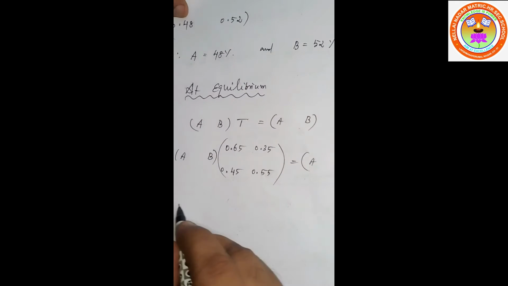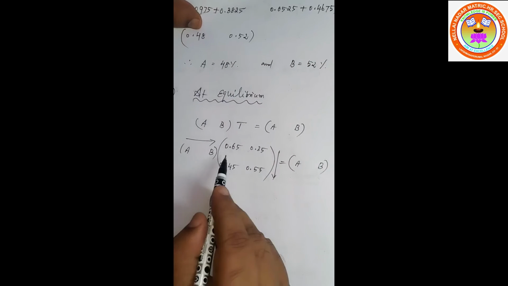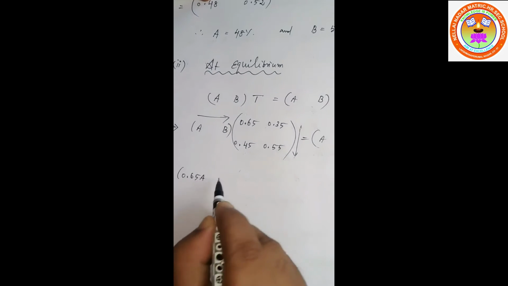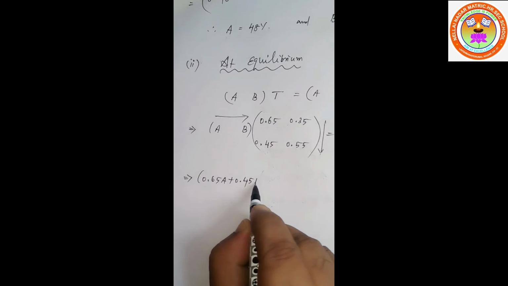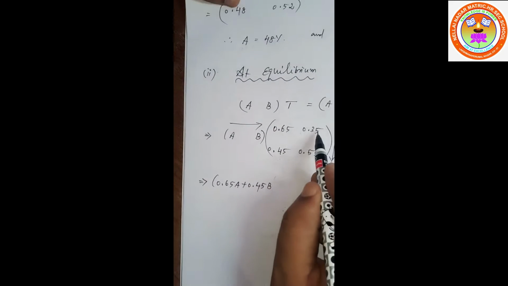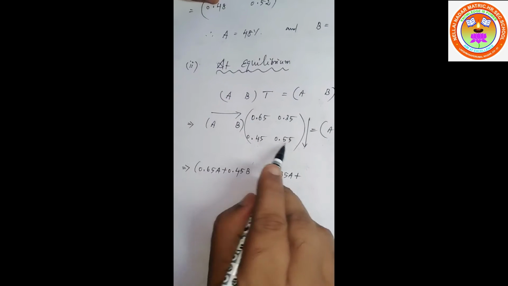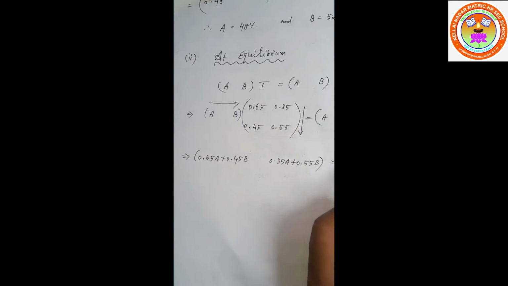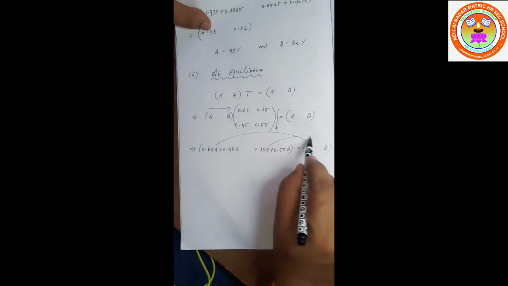That is equal to A and B. Write the RHS as it is, AB. A into 0.65 is 0.65A, plus B into 0.45 is 0.45B, A into 0.35 is 0.35A, plus 0.55B, that is equal to AB. First with the first, second with the second.